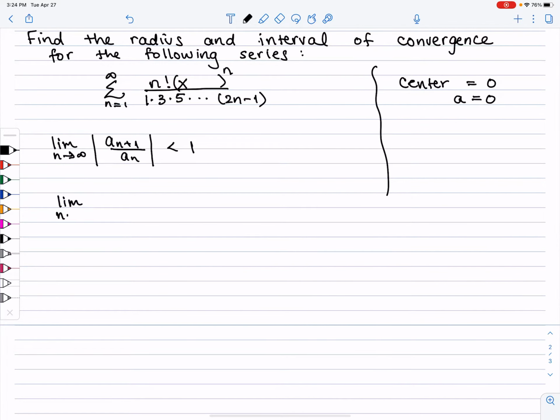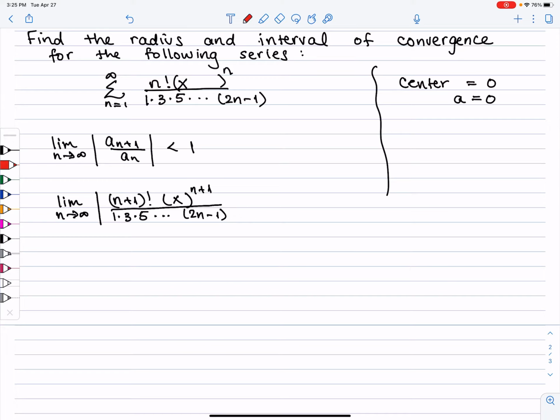The limit as n approaches infinity of n plus 1 factorial x to the n plus 1 over 1 times 3 times 5 all the way to 2n minus 1 and 2n plus 1. Where do we get this 2n plus 1?